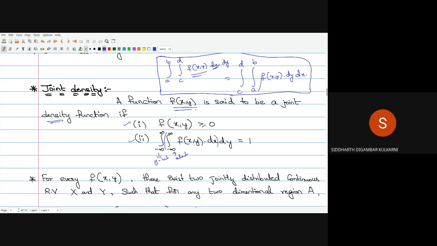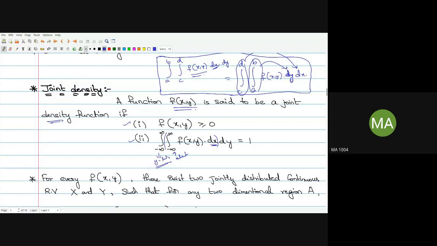So the inside integral represents the first one, and the outer one the second. You can reverse it according to your convenience. This is the y integral, or y limits, and these are x limits, because dx was written here.